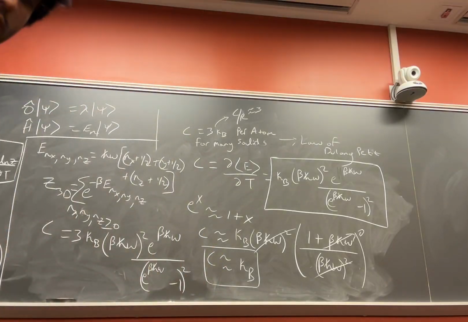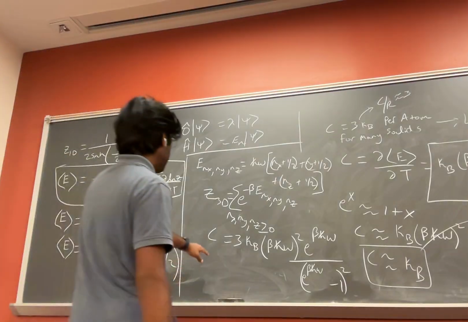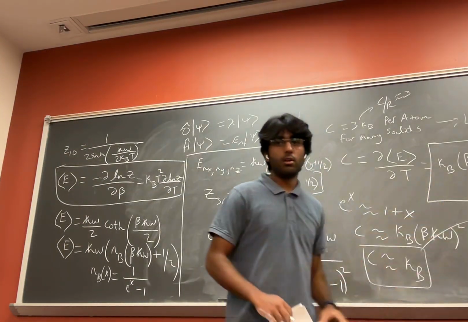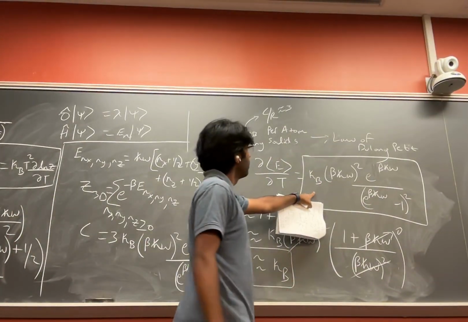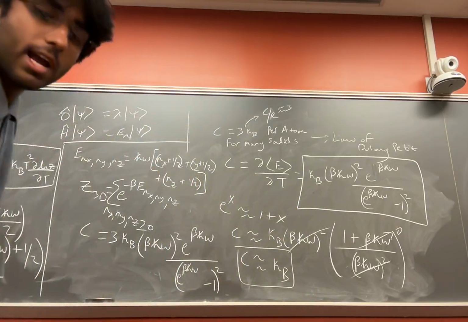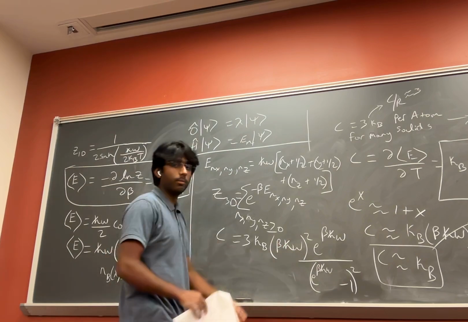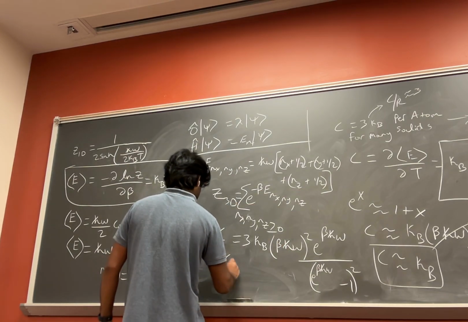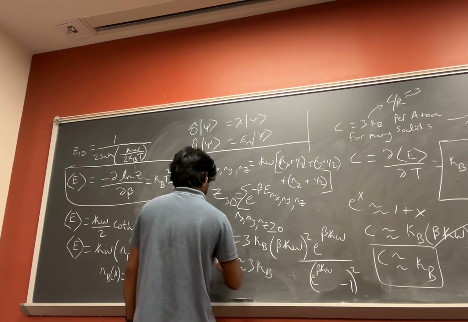When we do this in 3 dimensions, we get an expression for C which is very similar to the one we got over here for C, except it's just differing by a factor of 3. So as you can see, if I just Taylor expand this for the high temperature limit and do what I did over there a second time, I should get C is approximately 3 kB.